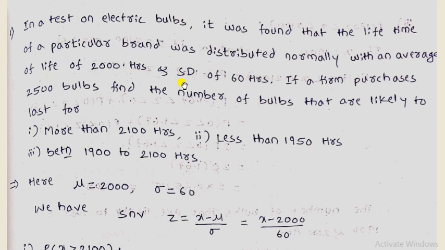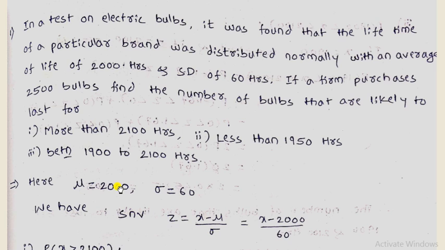In this example, they are given the mean mu or average as 2000 and standard deviation or sigma value as 60. So mu equals 2000 and sigma equals 60. Then we will use the formula for standard normal variate, z equal to x minus mu divided by sigma.